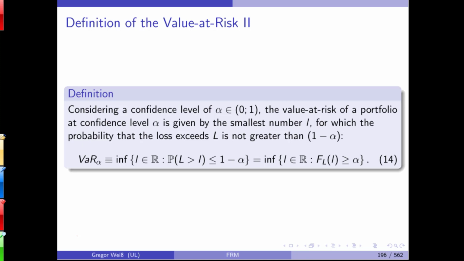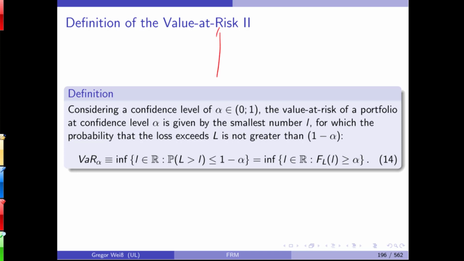The definition with a more formal mathematical notation is the infimum of the loss L such that the probability that the loss exceeds this number is smaller or equal than 1 minus alpha. That's the alpha percent value at risk of this loss distribution. This is correct.